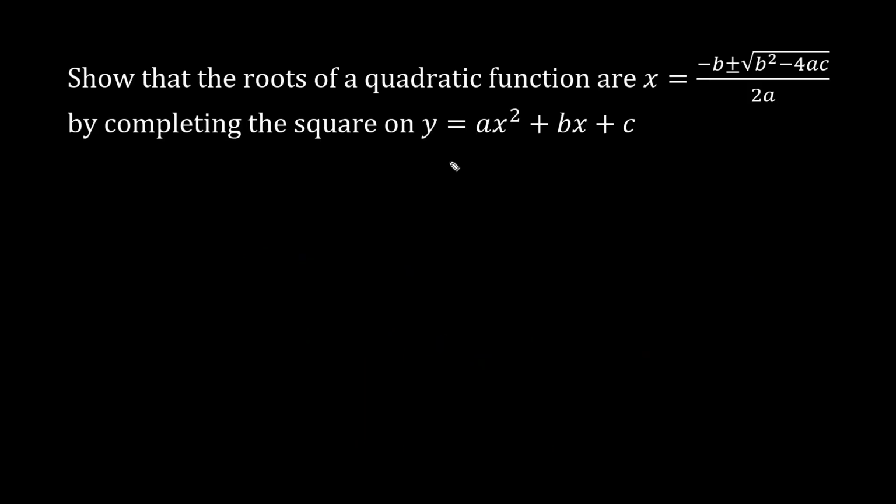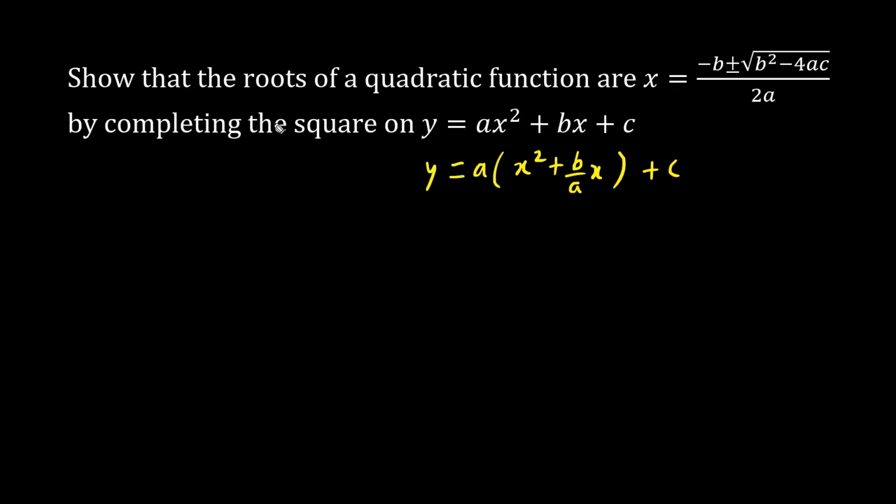Let's prove the quadratic formula. x equals negative b plus minus the square root of b squared minus 4ac all over 2a. Previously we completed the square, and let's do the same thing again. We have y equals a times (x squared plus b over a times x), we're just factoring out the a, plus c.